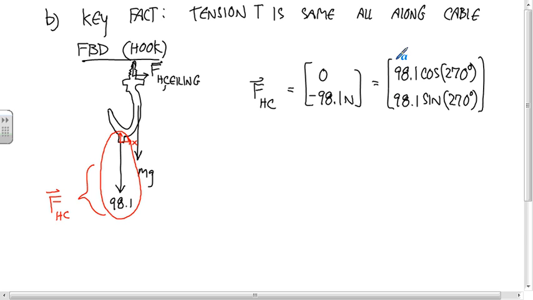Sine of 270 is -1, and so you get this vector. And does the direction of this force make sense? This says that the force is down. If something you're hanging from a hook pulls the hook out of the ceiling, it's pulling part of the ceiling down. You know that force is going down, right? So that makes sense.